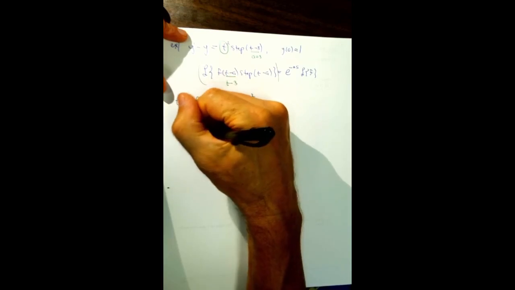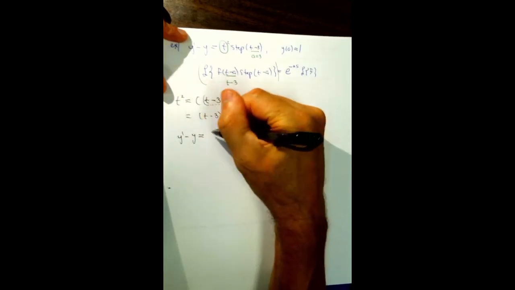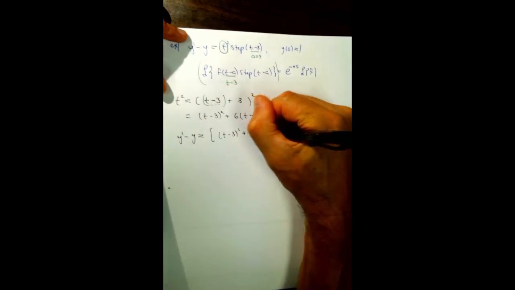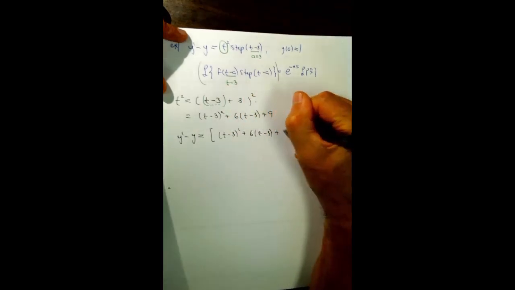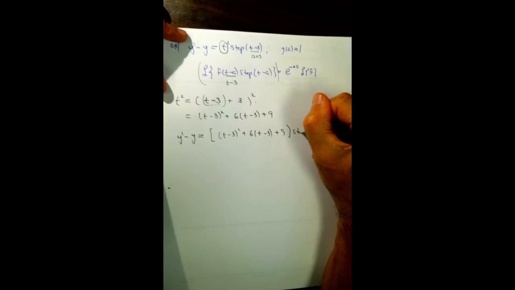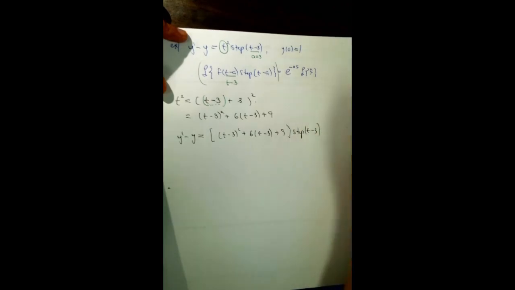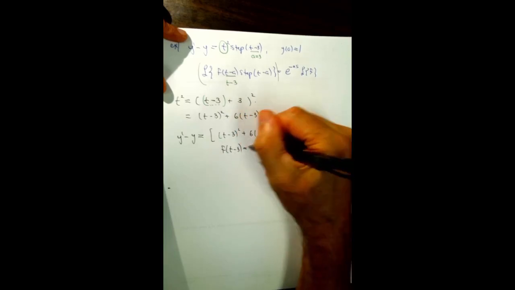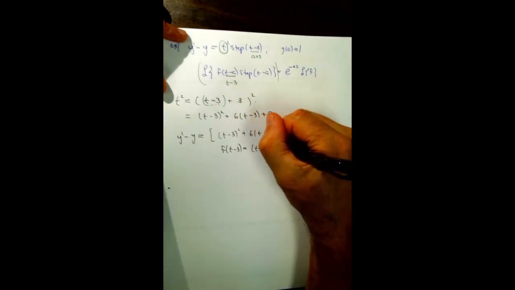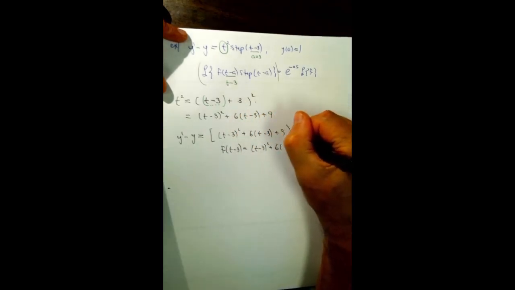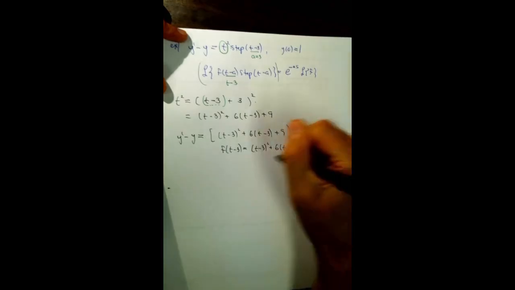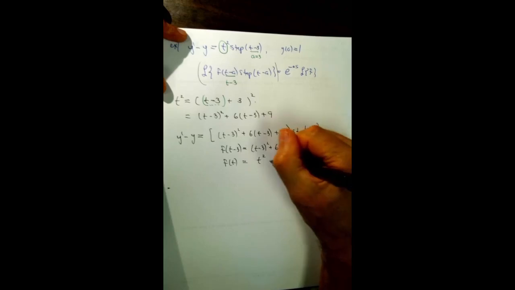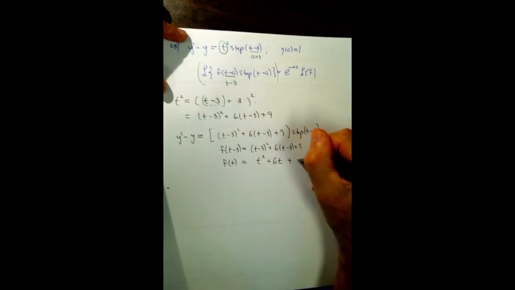So this becomes y prime minus y is equal to the quantity t minus 3 squared plus 6 times t minus 3 plus 9 times the step function at t minus 3. And my f of t minus 3 is the t minus 3 squared plus 6 times t minus 3 plus 9, which means my f of t is going to be t squared plus 6 times t plus 9.